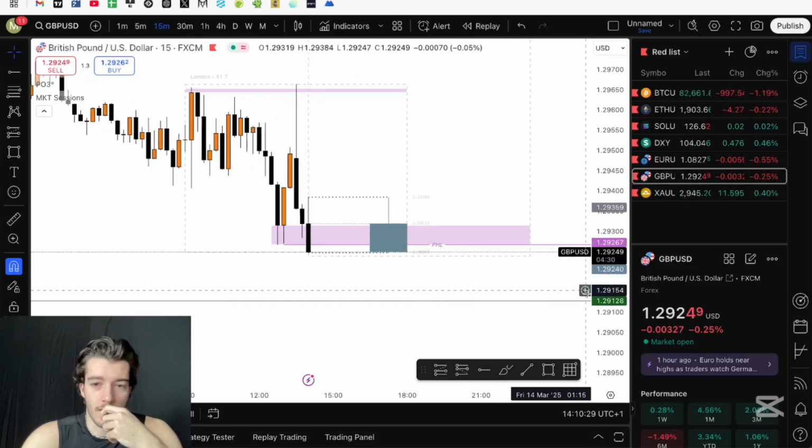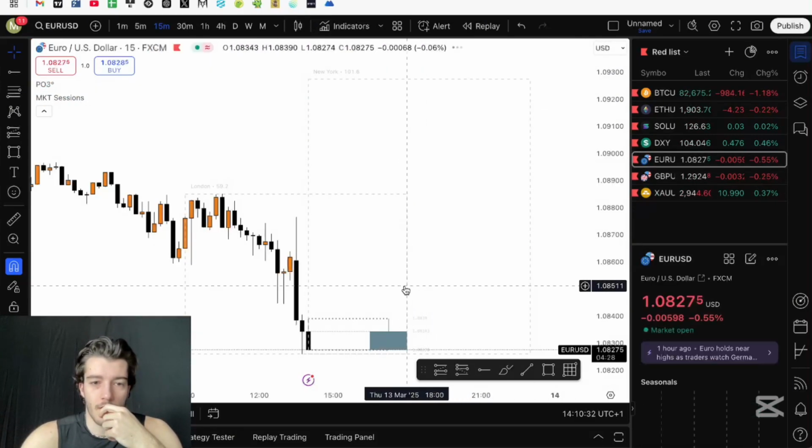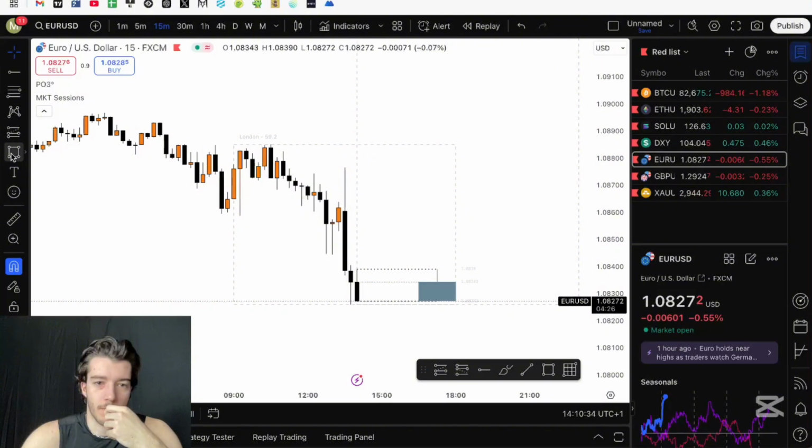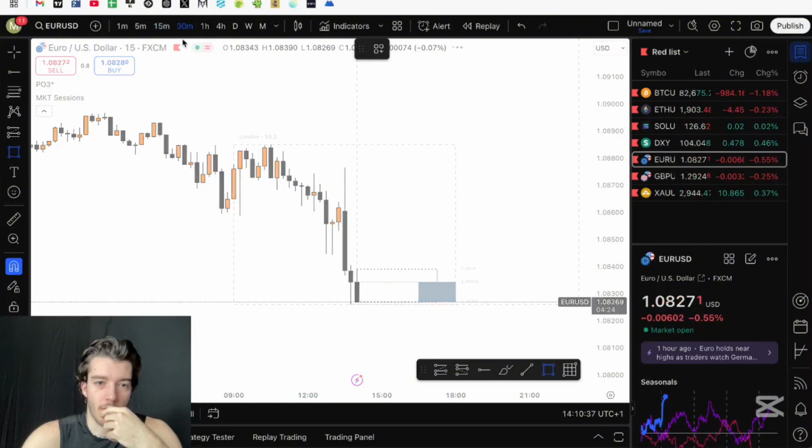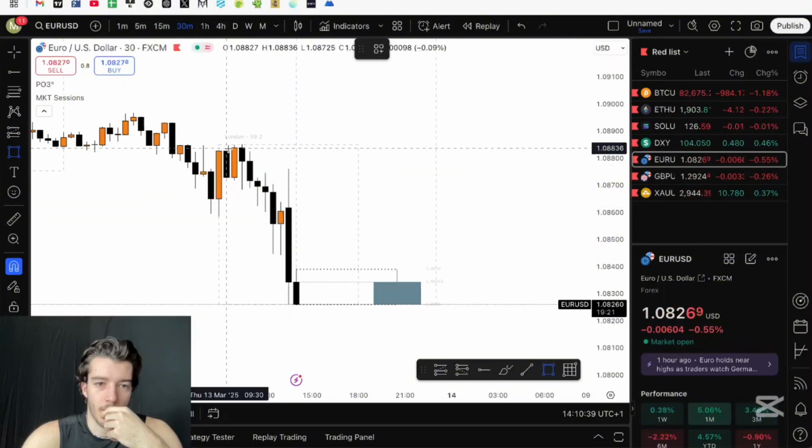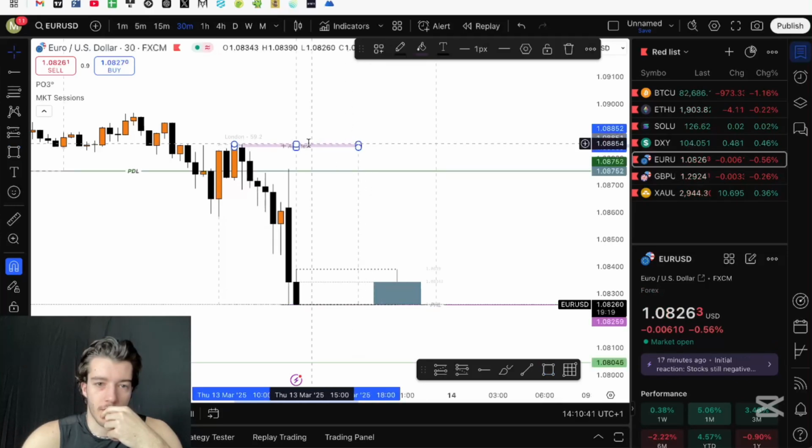Otherwise it's not high probability. Same thing on Euro. I'm gonna mark out these highs here on the 30-minute. This is the London highs here.